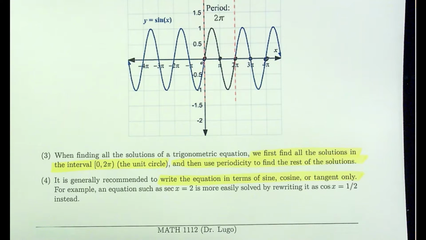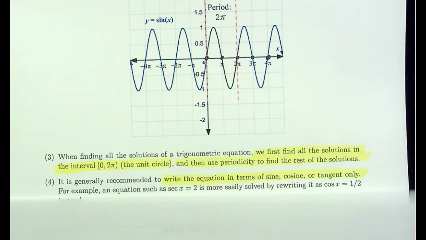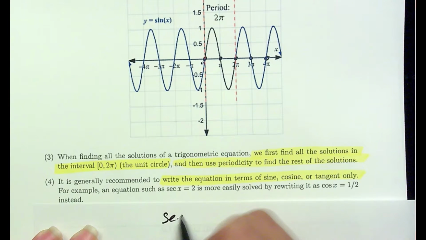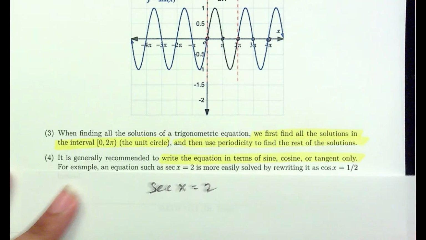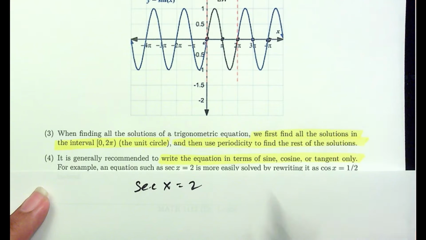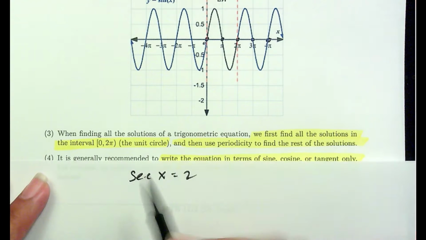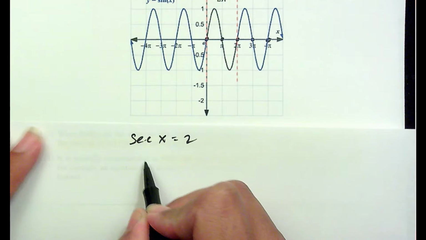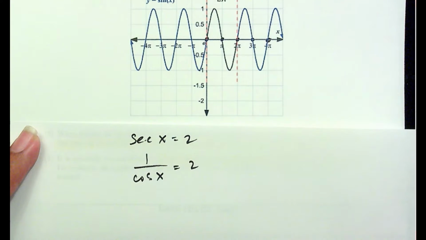So for example, if you were solving the equation secant of x equals 2, I would take a moment and try to write it in terms of sine, cosine, and tangent only first. Secant is 1 over cosine, so this would be 1 over cosine equals 2.